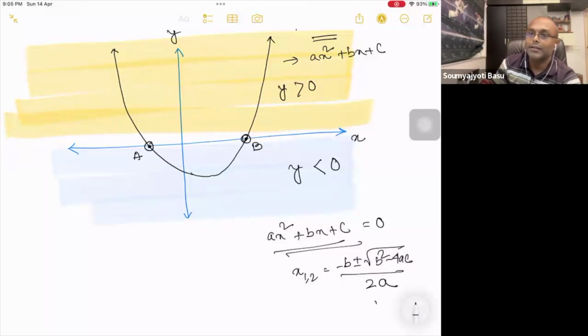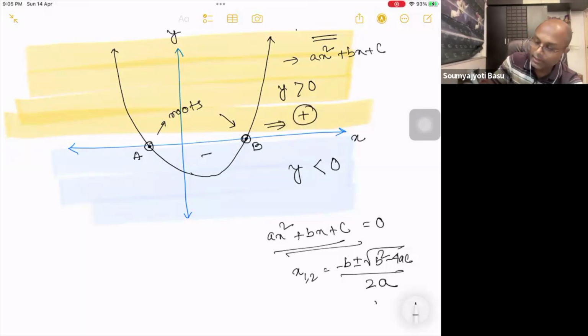And criticality of the roots, observe. Once you cross the root, let's say the right side of capital B, this side, the function is positive. After that, it's negative.